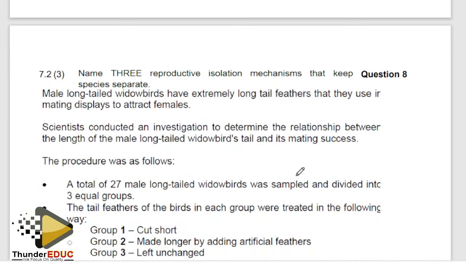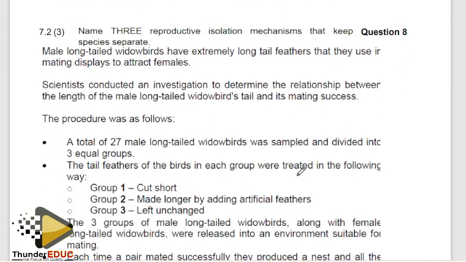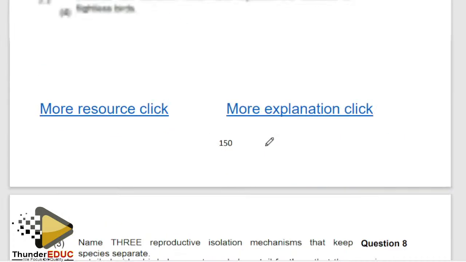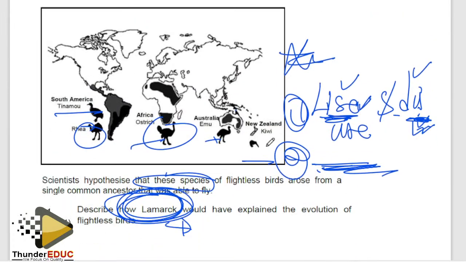Why is Lamarck theory rejected? Organisms don't evolve because they want to evolve. But now you have to tell us, in this case, that the flightless birds did not evolve because they wanted to evolve. You see, you are linking the question to what you know.